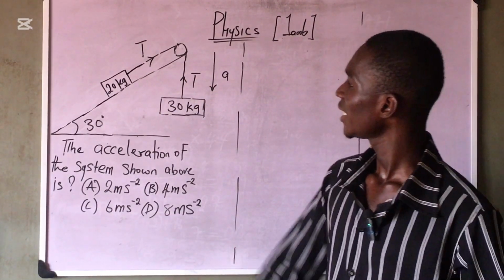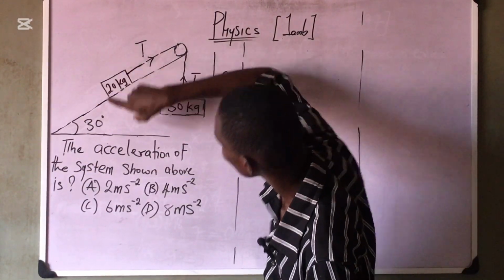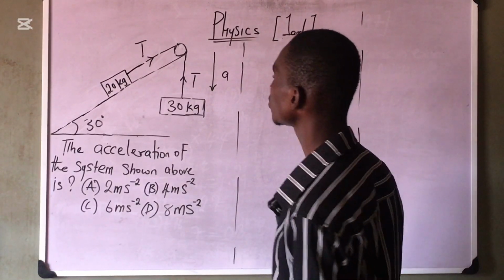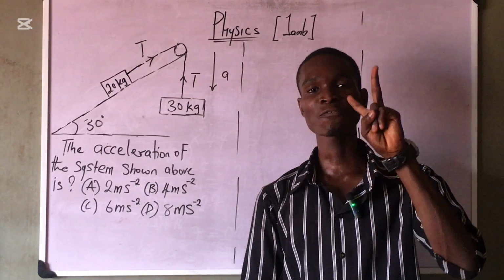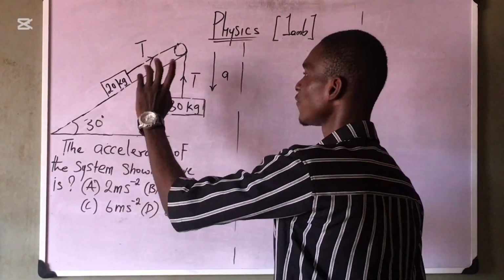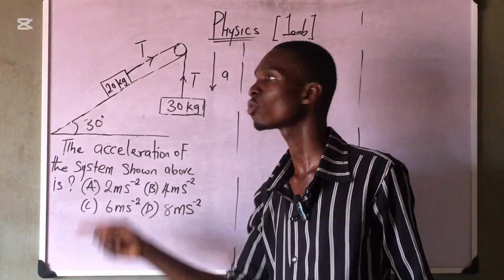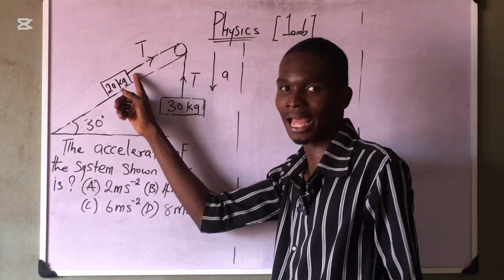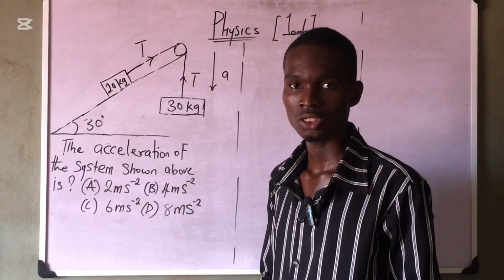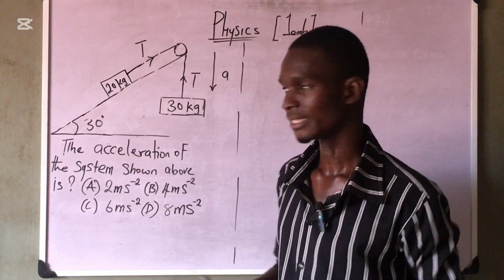Now, if I'm having a load on an inclined plane, there are two things. We have two forces acting on this object at this point. The first one is the force that tends to move this load down. When this rope is detached from this body, it will move down because it is on a plane.